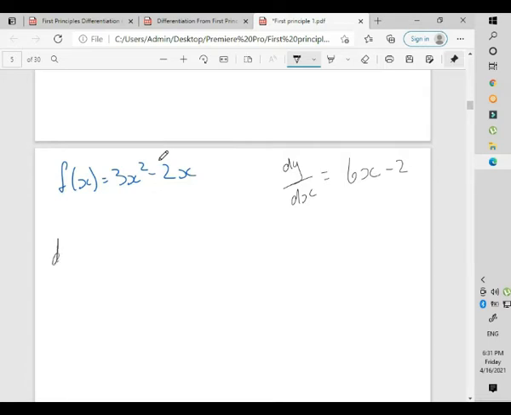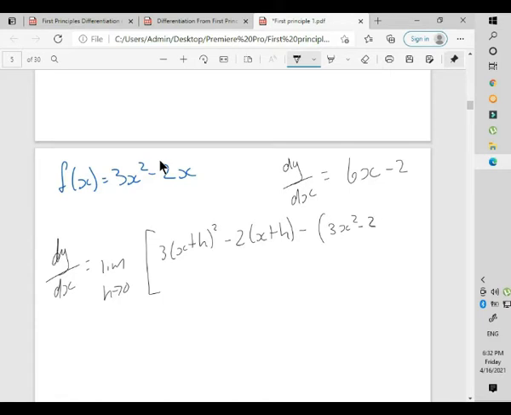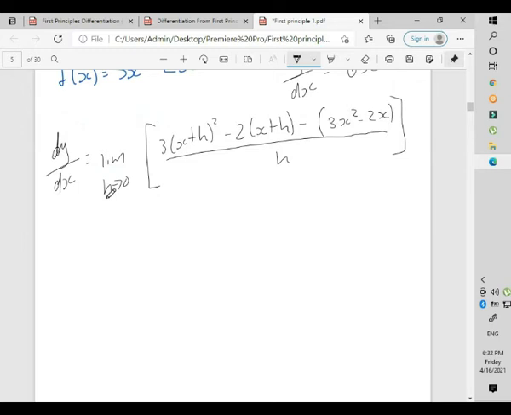So dy over dx is equal to the limit as h approaches 0 of 3 times (x plus h) squared minus 2(x plus h) minus, again, make sure you put this in a bracket, (3x squared minus 2x), and this is all being divided by h. For you, you should probably write your formulas out so you can actually remember it. So let me just work this out now.